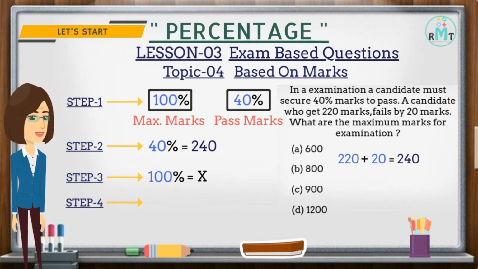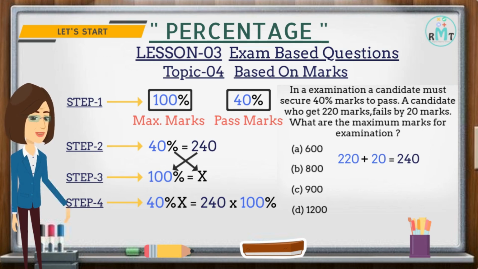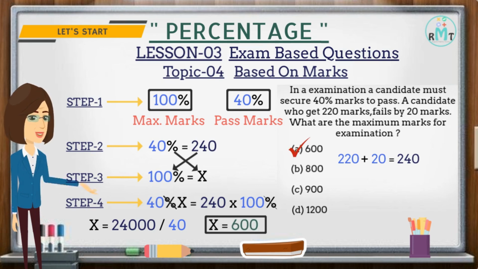Now we cross multiply the values of step 2 and step 3. So we get 40% of X is equal to 240 of 100%. Now, after further solving the equation, we get maximum marks equal to 600.